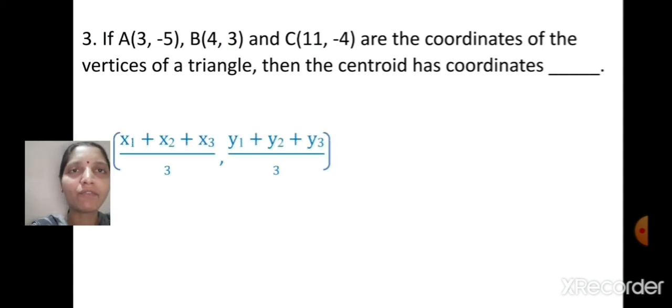For that we use the centroid formula, that is (x1 + x2 + x3)/3 and (y1 + y2 + y3)/3. Accordingly you substitute the values of x1, x2, x3 and y1, y2, y3, and you can find the coordinates of the centroid. Okay, so this way you have to use all these formulae and find the answer.